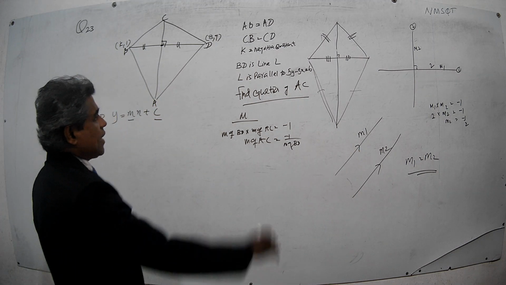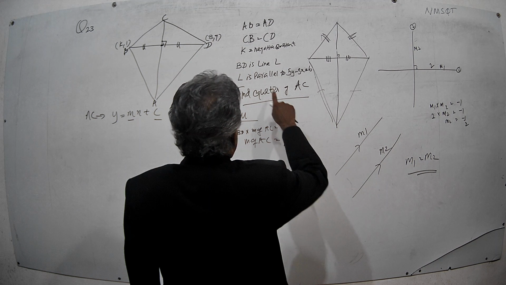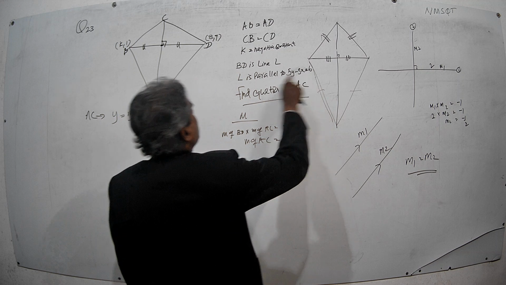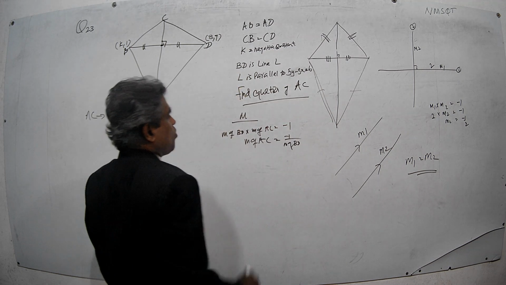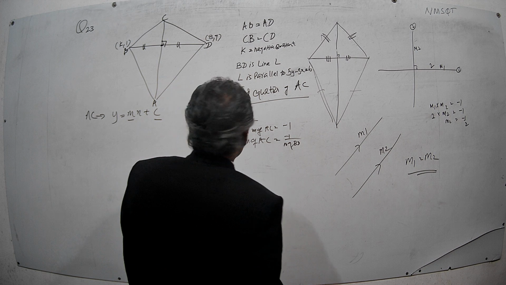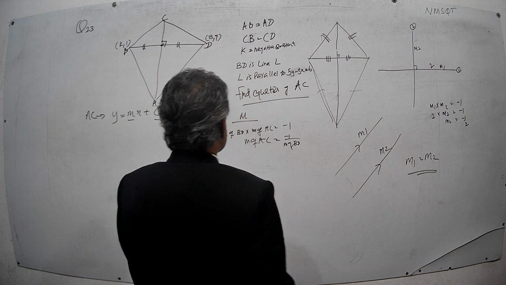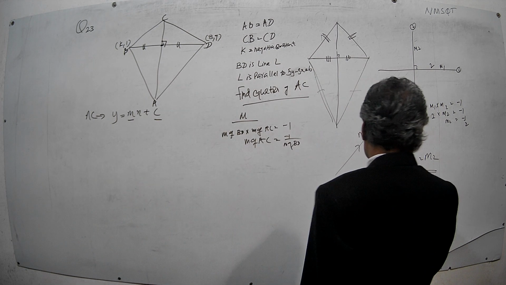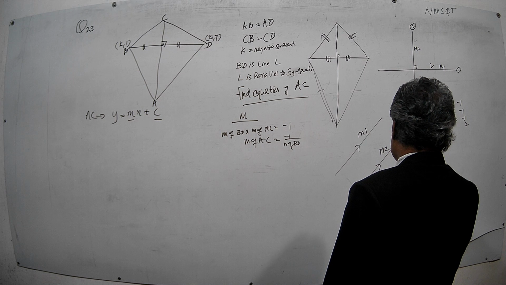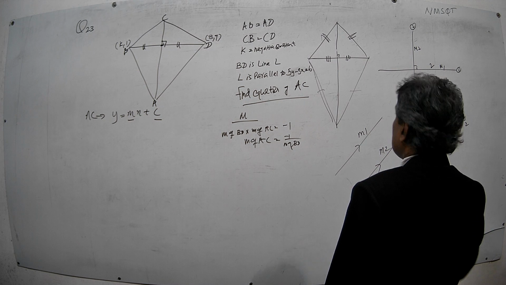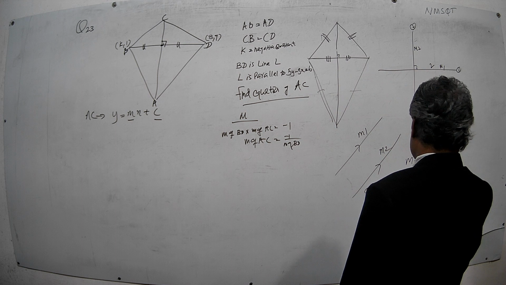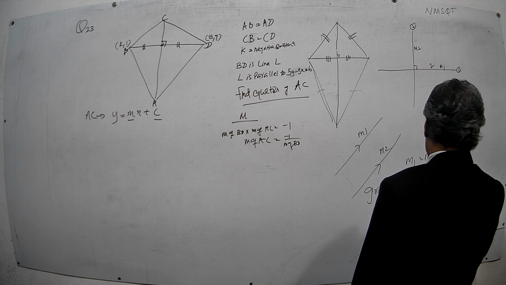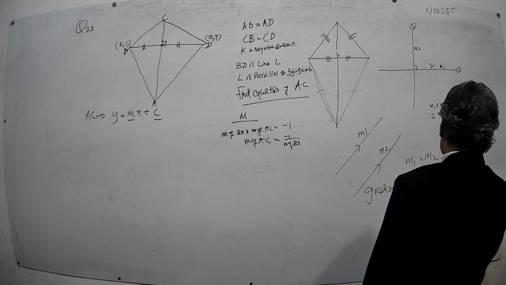So therefore, if they say that line L is parallel to this line, that means the gradient of this line equals the gradient of line L. Therefore, now find the gradient of the line 5y minus 3x equals 6.